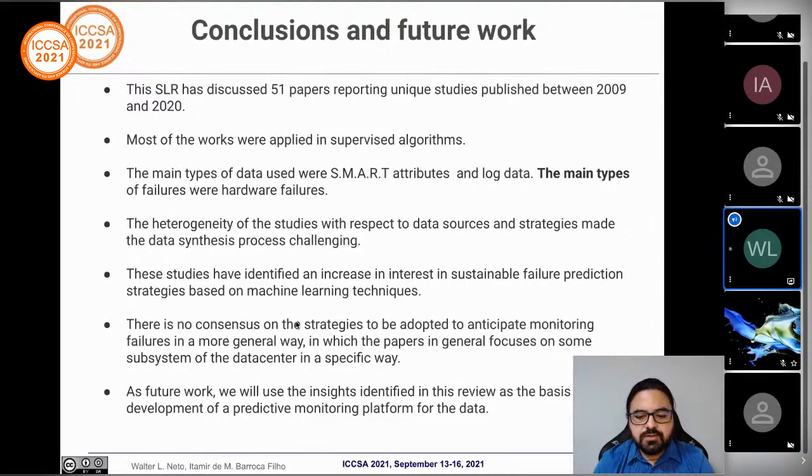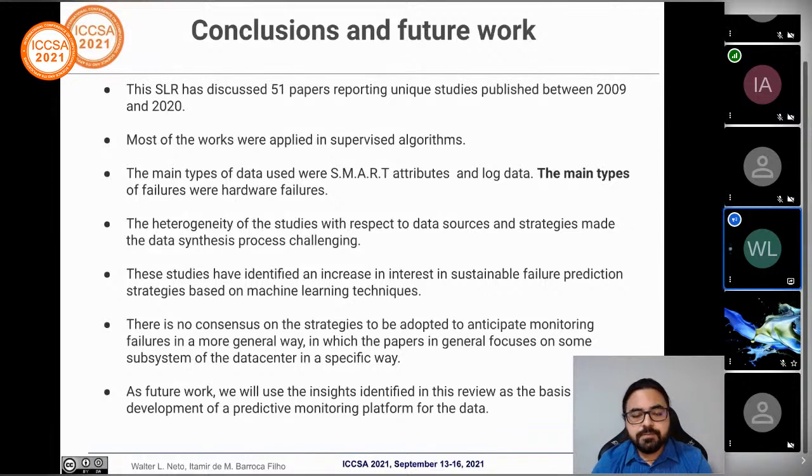So, as a conclusion and future works, we can show this SLR has discussed 51 unique papers, published between 2009 and 2020. Most of the work was applied to supervised learning.